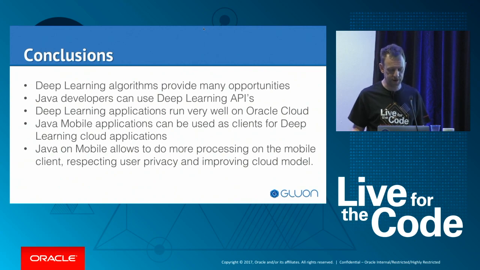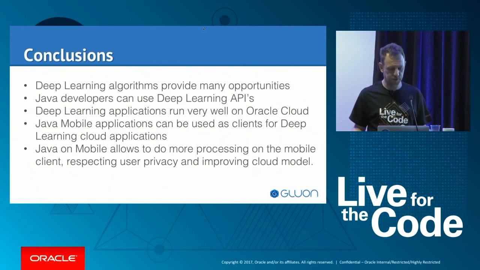There's Deeplearning4j, and you can run the basic samples and integrate them with your enterprise applications. You can run them on the Oracle Cloud or any enterprise framework, any cloud system that you're familiar with. And you can also run them on mobile with Java mobile applications.